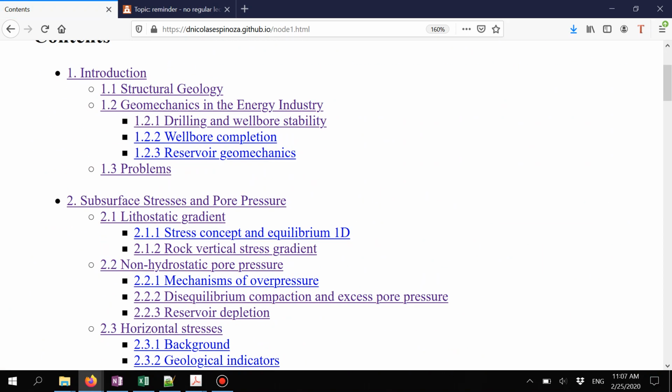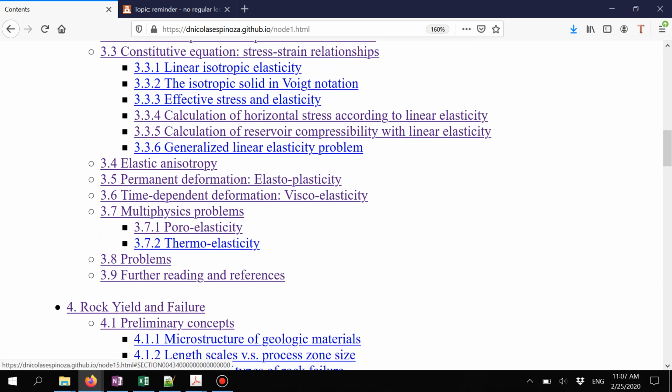The next topic is permanent deformation. And before I go there, let me remind you that I'd like to summarize these topics 3.4, 3.5, 3.6 as behavior of real rocks, because real rocks are also going to exhibit this type of deformation and these anisotropic deformations.